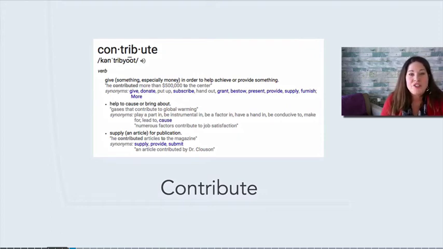But if you look at help to cause or bring about, be instrumental in, be a factor in, have a hand in, those are really powerful words. Those are people on the other end, as they should be. They are part of conversations.